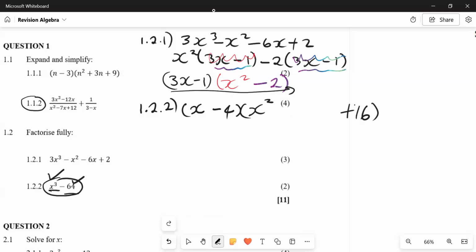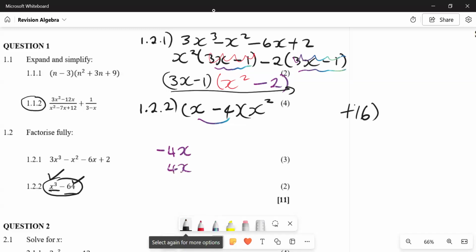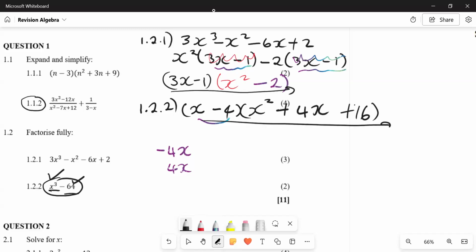You multiply these two terms, and then you change the sign. x times negative 4, that's minus 4x, right? Now change the sign, you'll end up having positive 4x. So this will be positive 4x, and then done factorizing. That's how you factorize a difference of two cubes.